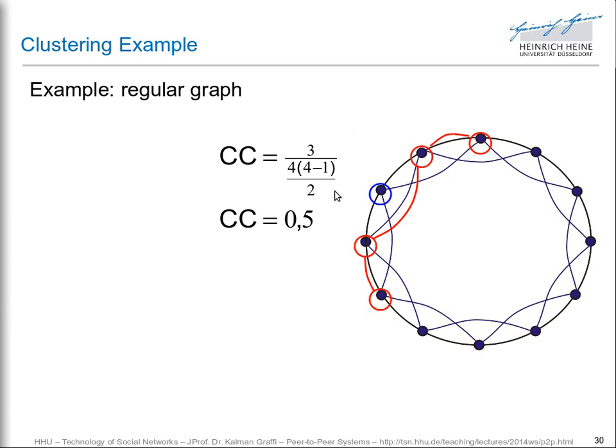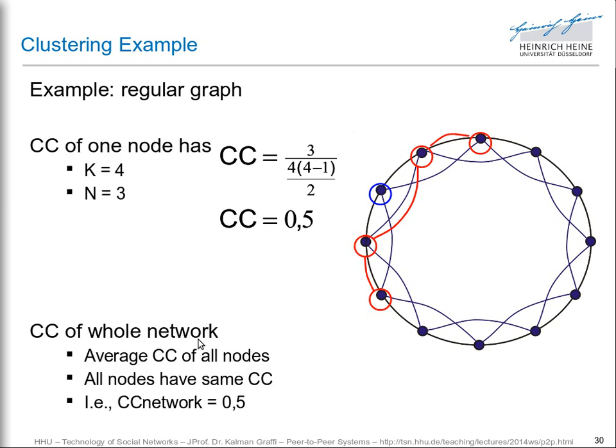We have again a clustering coefficient of 0.5, and because this is a regular graph, the clustering coefficient for this whole graph is again 0.5. Yes, all nodes have the same clustering coefficient.